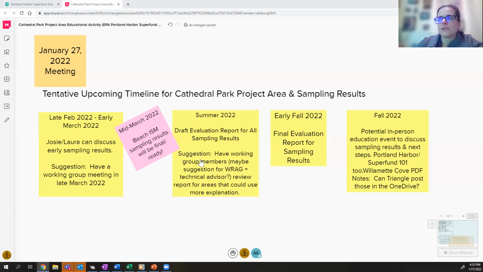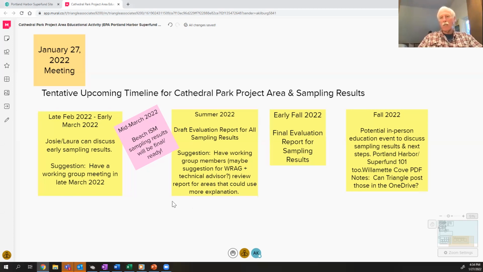Or do you see any value in having us give it to you in advance and maybe connect with the RAG to see if Marcus might want to look at it for areas that might warrant additional explanation from us, which Josie and I can work on? Yeah, go ahead, Doug. Well, the March meeting, we're probably going to get feedback on sampling results.